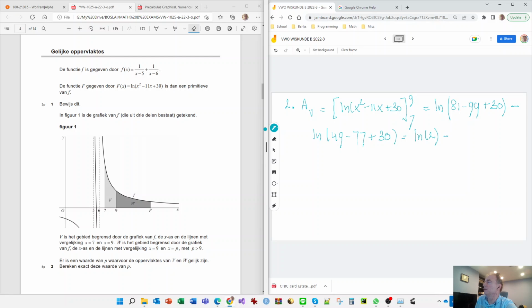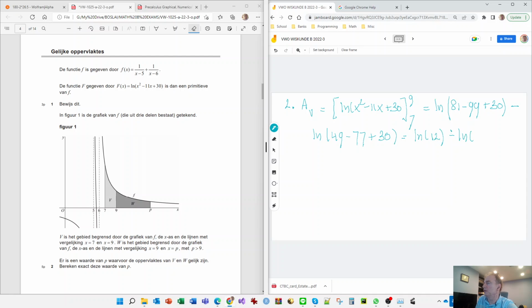Something's wrong here. No, this is 80. So it's very important to double check. This is 18 plus 30. So that's actually minus 18 plus 30, which is 12. And this, what did I say? This is 2, right? So we get minus 28 plus 30.